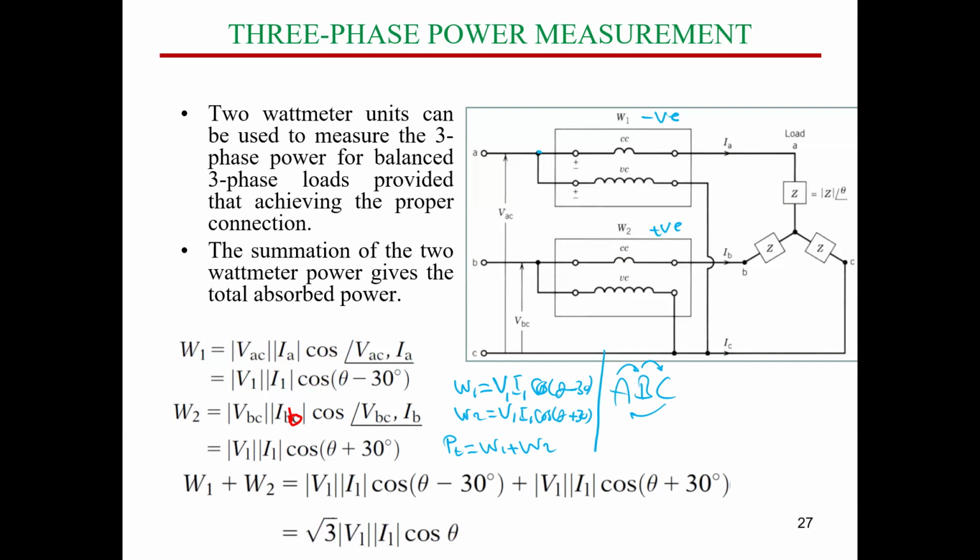And you know that root 3 V line I line cosine theta is nothing but the total power of your system.